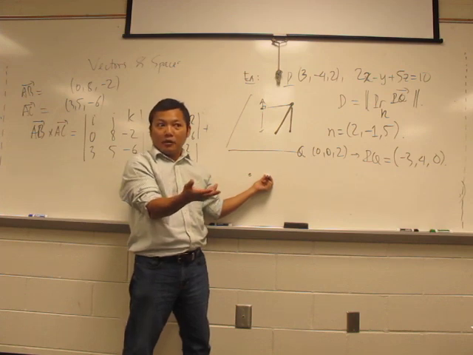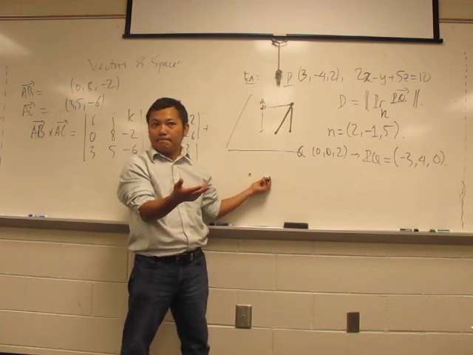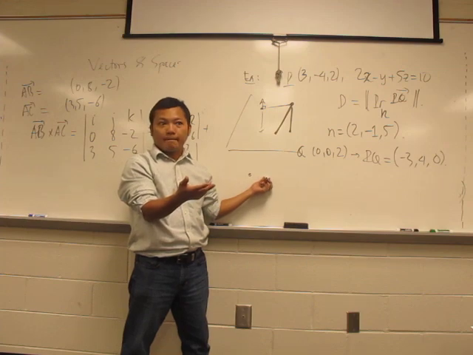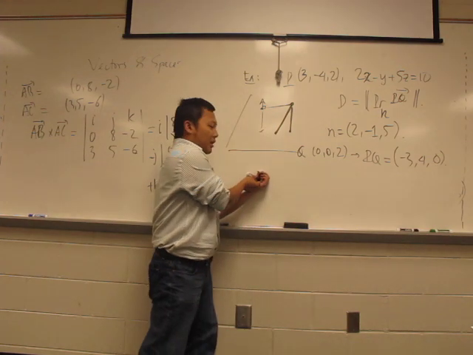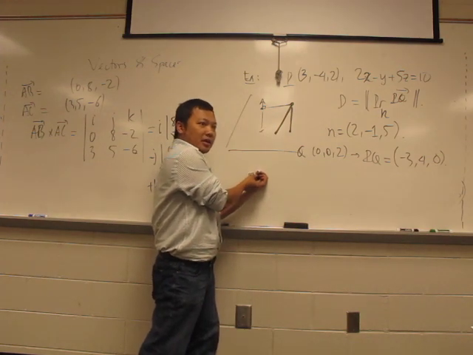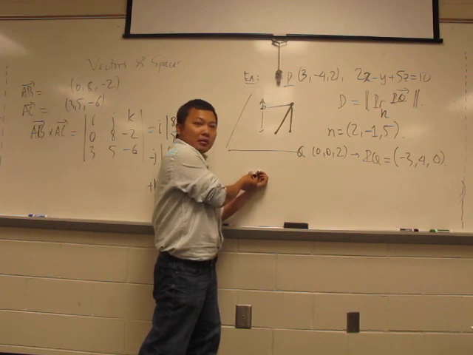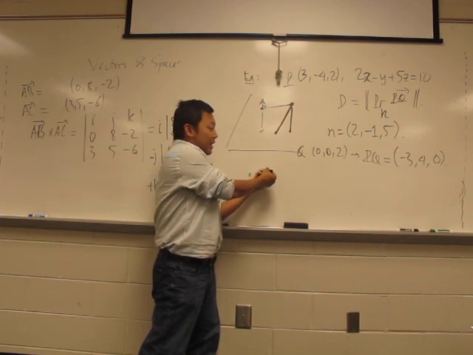So you have the formula, but how to use that formula? The issue is, I have these two vectors. How to find projection of this guy onto this guy if they don't start at the same point? If they look like this, I'm good.